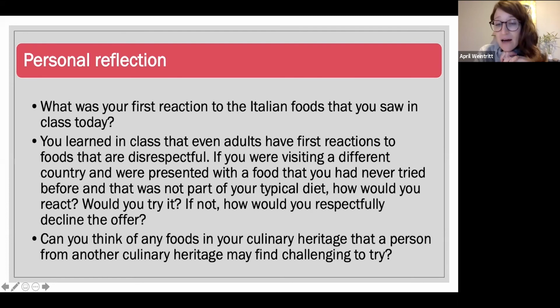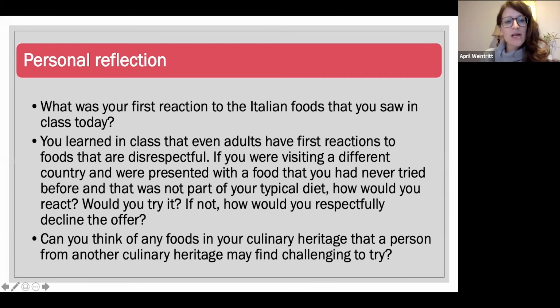Now, you don't ask that question out of nowhere, right? You want to embed it in a conversation about norms and practices. And you want students thinking about how their first reactions are not necessarily the way they're going to want to behave in a situation. They're going to want to demonstrate respect and adaptation.